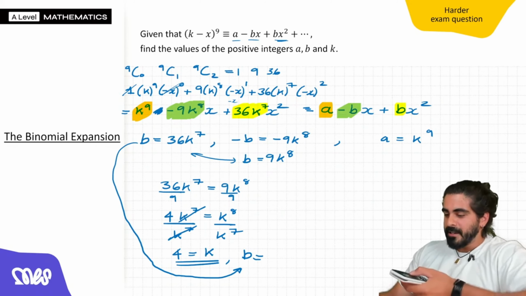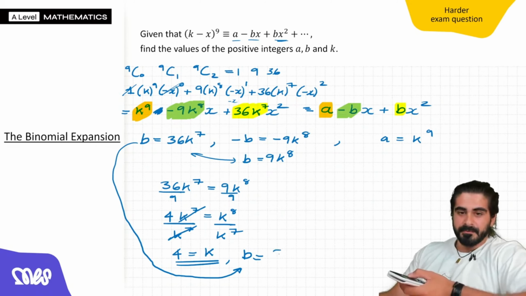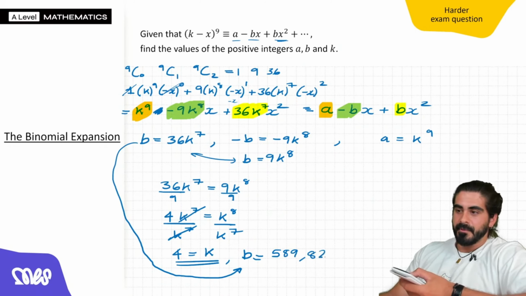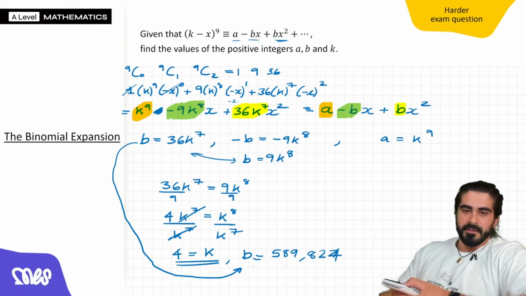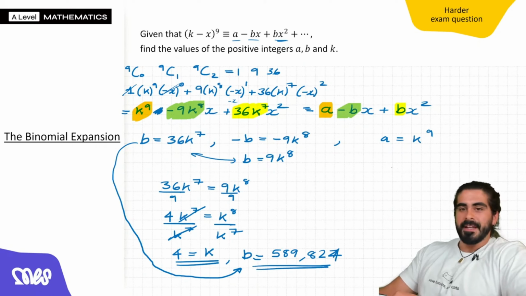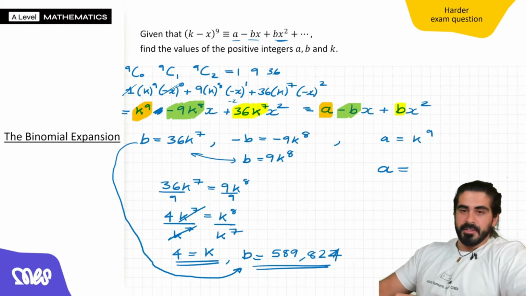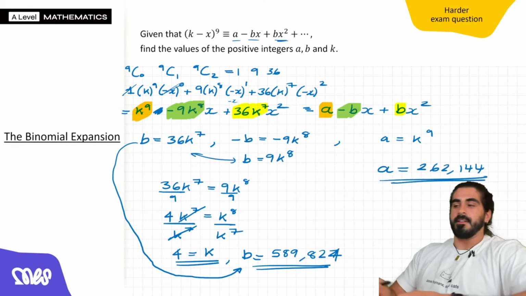We got, oh, it's a big number, 589,924, not 7. It's a big number. And then finally, a is k to the power of 9. Remember, k is 4. Power 9. 262,144. There you go, there's the answer to that.